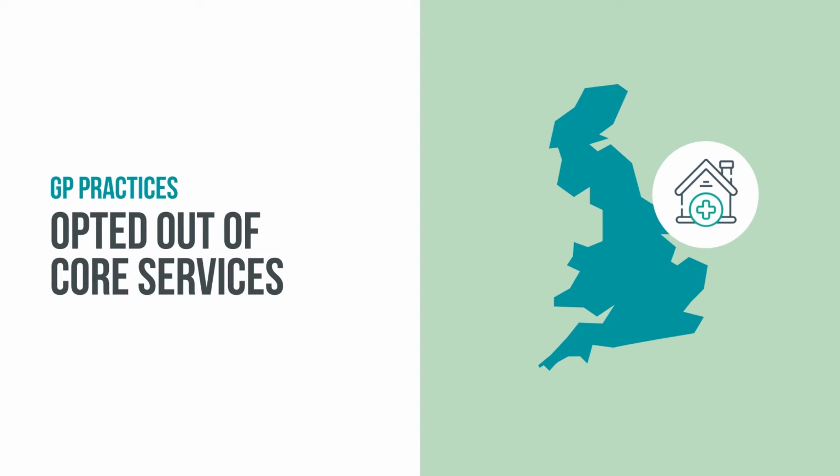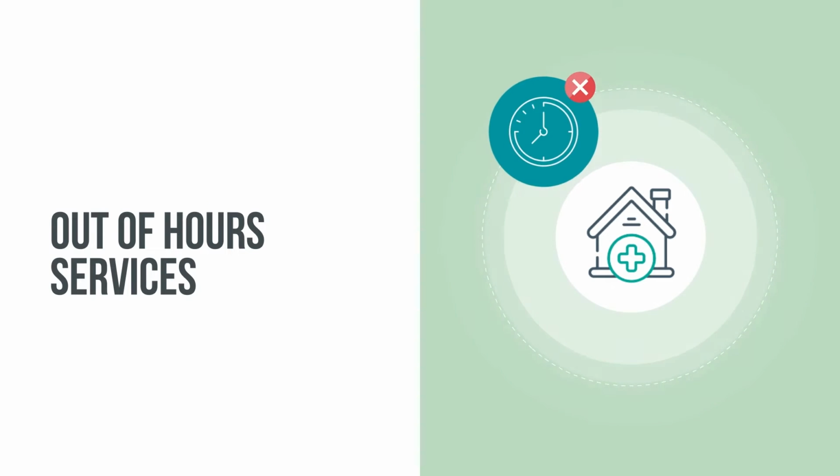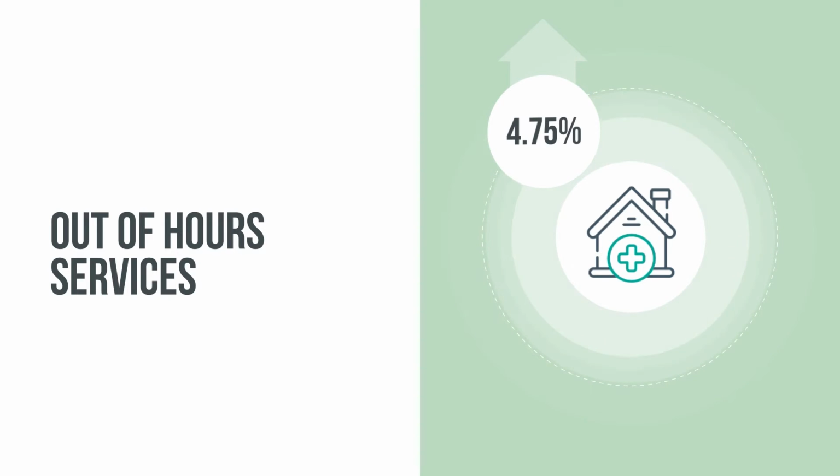In many parts of the country, GP practices have opted out of providing some core services. For example, many practices do not provide out-of-hours services and transfer the responsibility and part of the funding, currently 4.75% of the core funding, to separate out-of-hours providers.